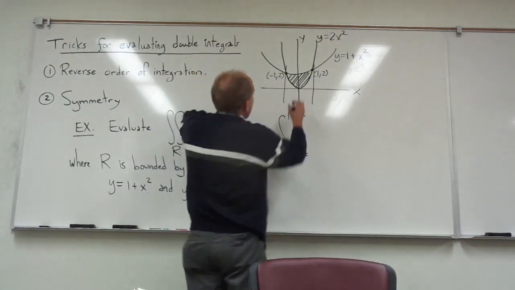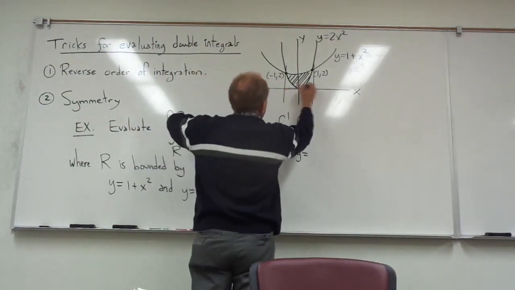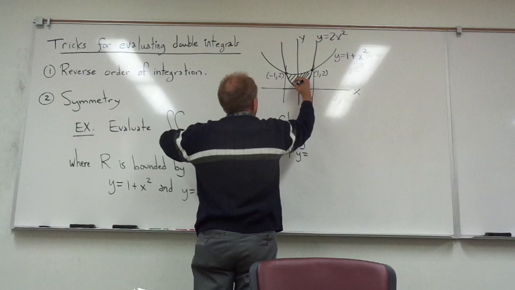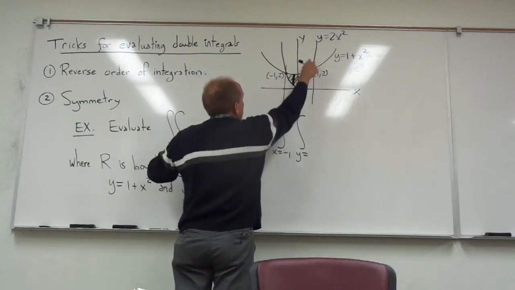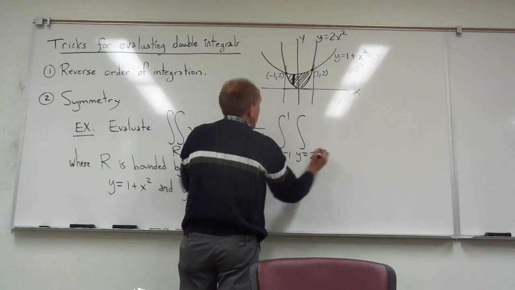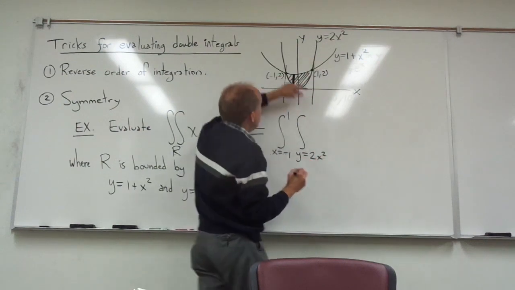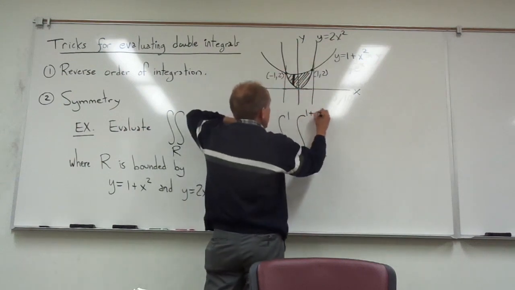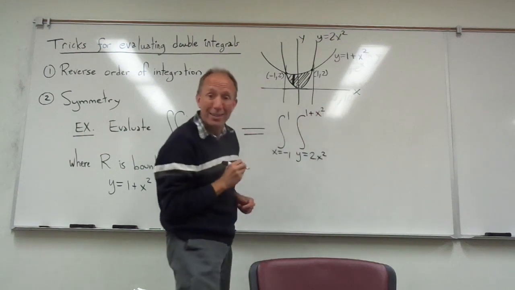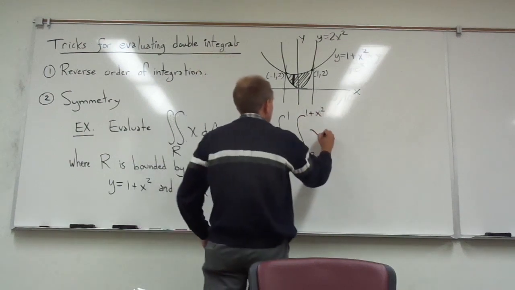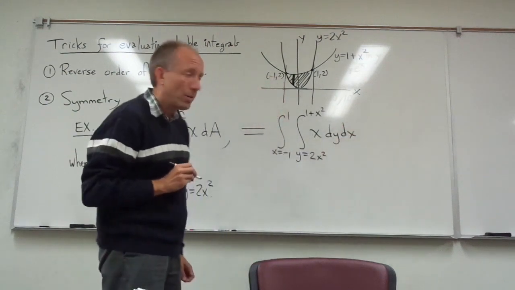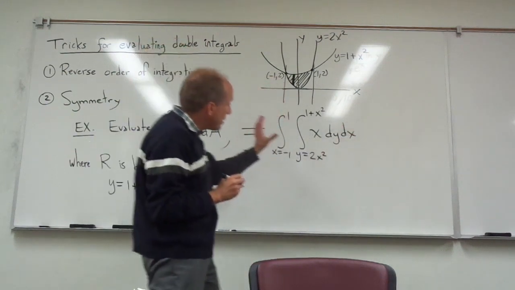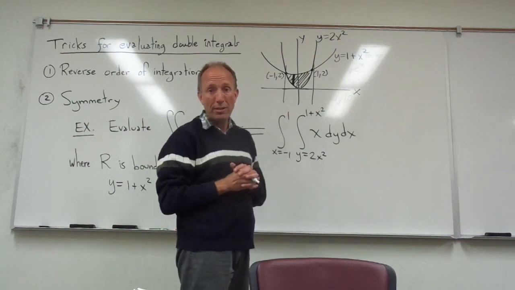And then for any such x between negative 1 and 1, I can look in the y direction. On the inside, I can integrate y from the parabola 2x squared, that's the one that's underneath, up to the parabola 1 plus x squared, which is up on top. Right? And then I'm integrating x dy dx. Okay? So that would be the setup of this integral.